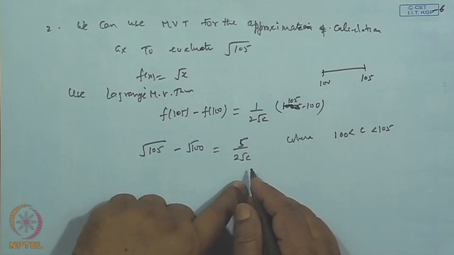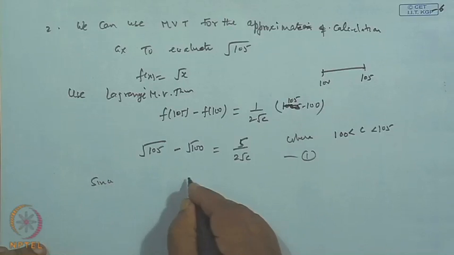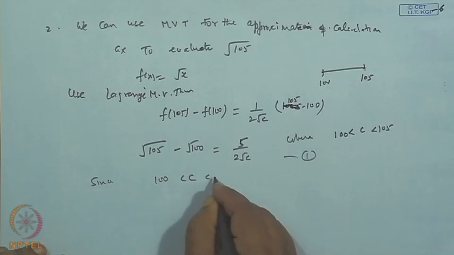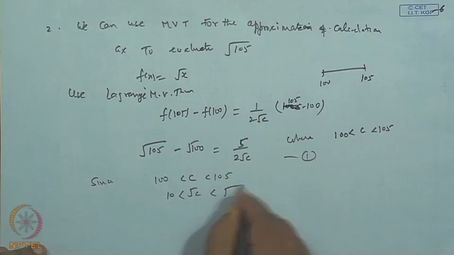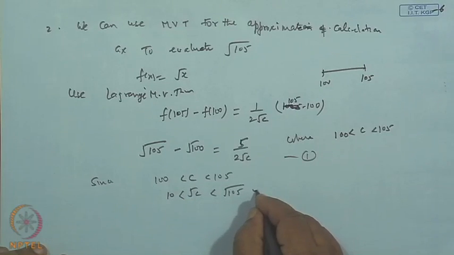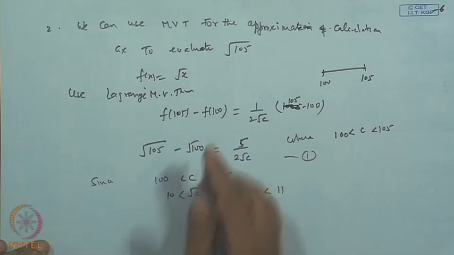We can approximate root c now. Since our c lies between 100 and 105, root c will lie between 10 and root 105. This is approximately, or less than, say 11. Okay.